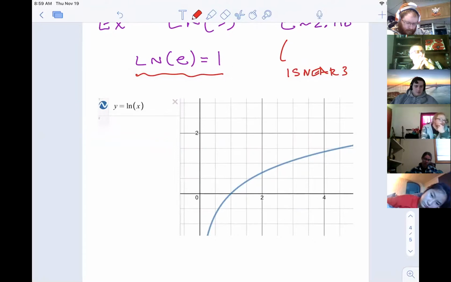There's the graph if it helps you. You don't need the graph, it just helps you to visualize a little bit.